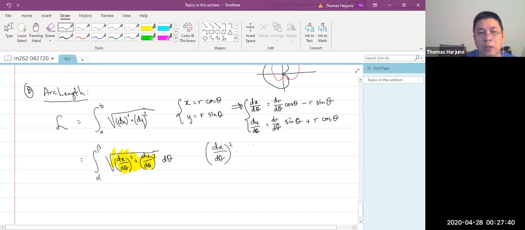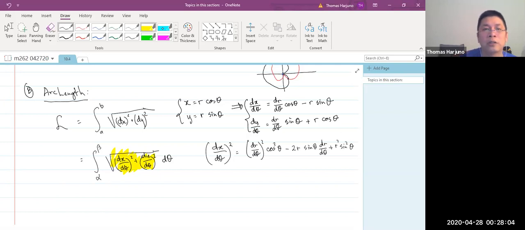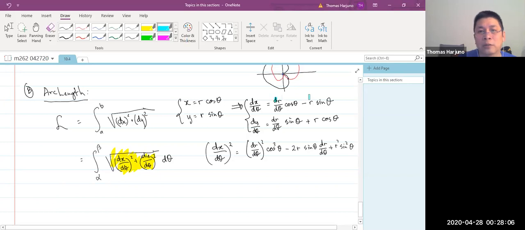That will be (dr d theta) squared cosine squared theta minus 2r sine theta cosine theta dr d theta plus r squared sine squared theta. You can try to foil this, and if you do, you will get what I have below.